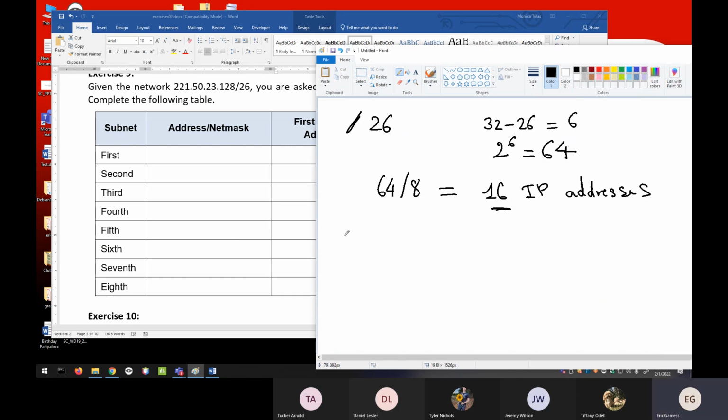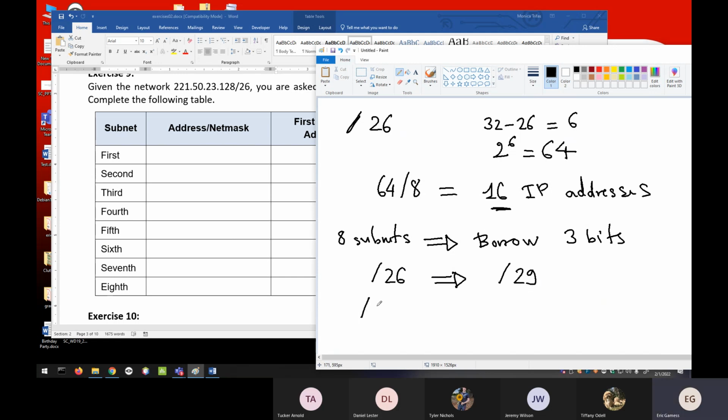If I'm going to make 8 subnetworks, how many bits do I need to borrow? 3 bits. So if I borrow 3 bits, I will go from a /26 to a /29, correct.